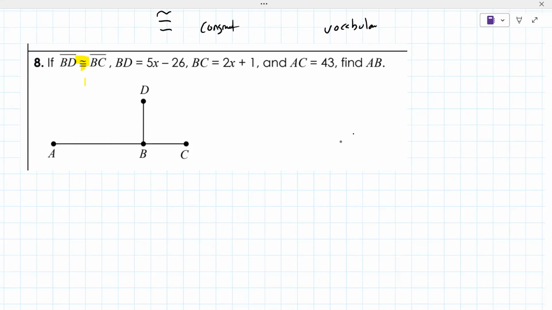No. Have you done them in the past? Yeah. Okay. So you know what I'm talking about. You've got to learn some of these words. Like you got to know that that symbol means congruent. It's really important to be able to do that in this class. So it says that BD is congruent to BC. That means that they're equal.